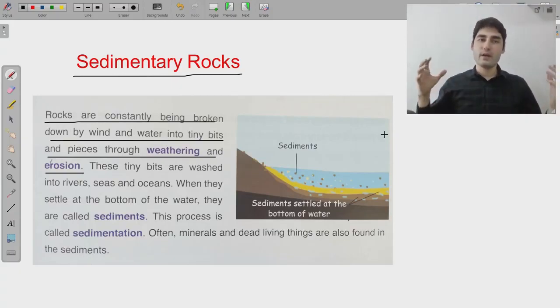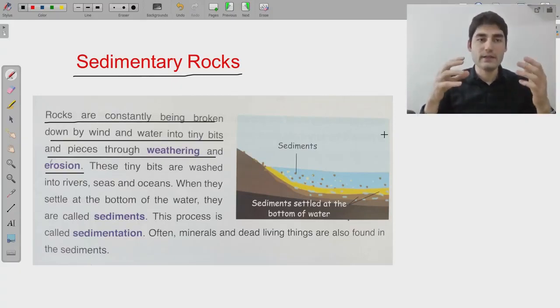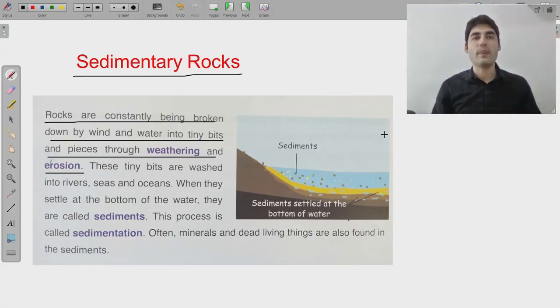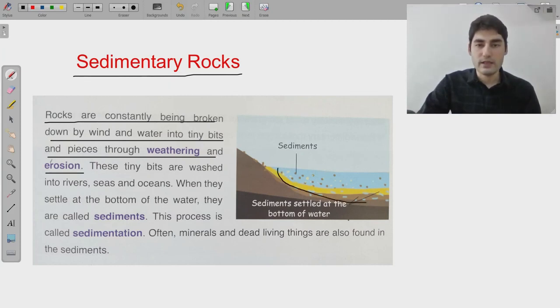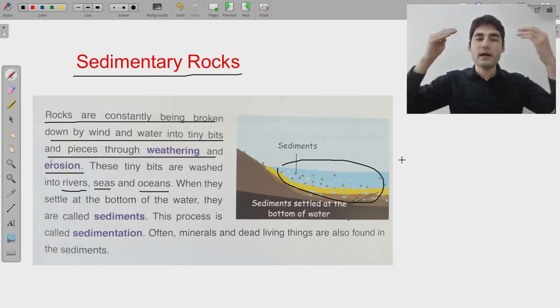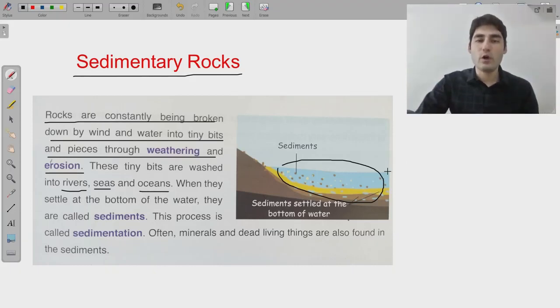Wind is sometimes really strong, right? And water also. Some rocks stay underwater, like in the rivers, seas, or oceans. When they are underwater, we call them sediments.